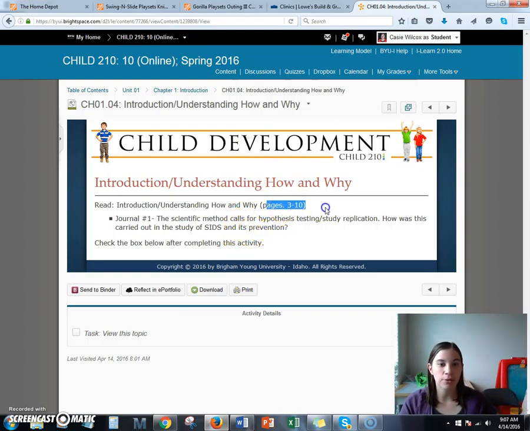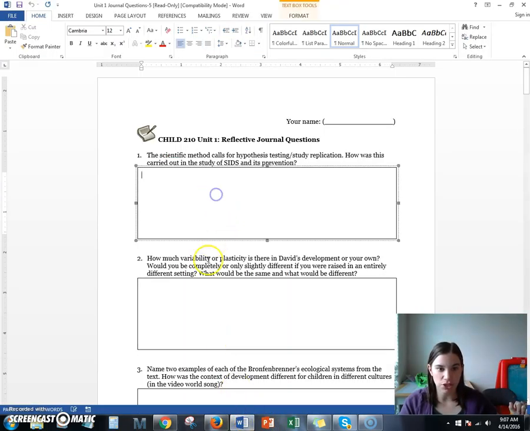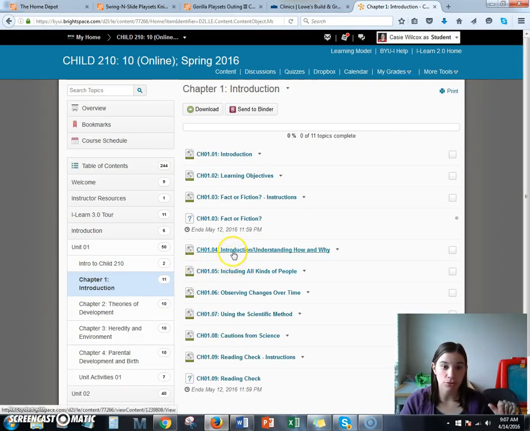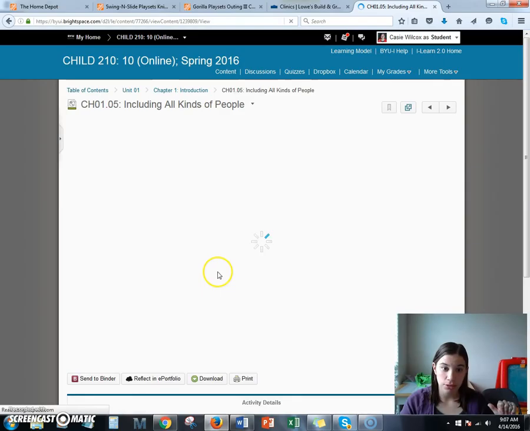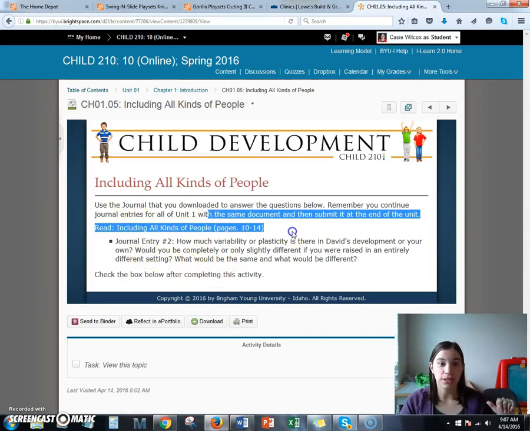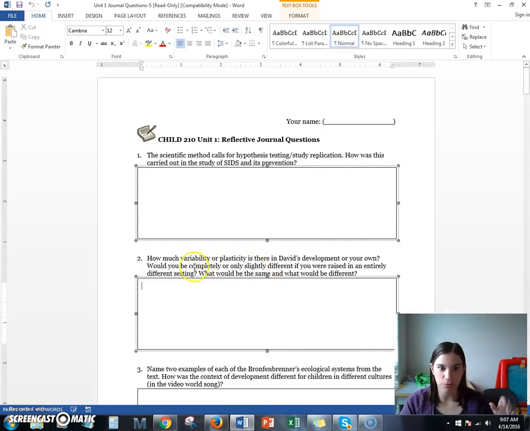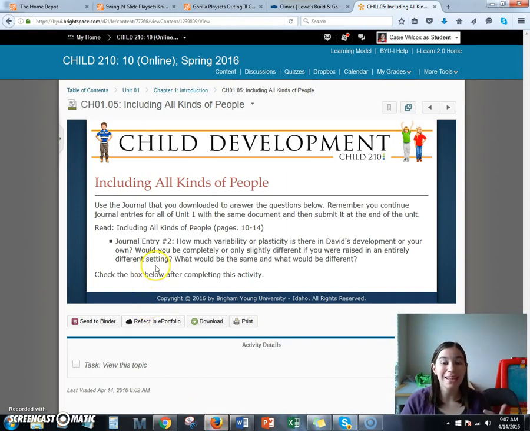Now I would recommend that you read pages 3 through 10 and fill out this question. And then go to the next section, read these pages, and answer the question on the reflective journal, which is question number 2. That is the most efficient way of doing this.